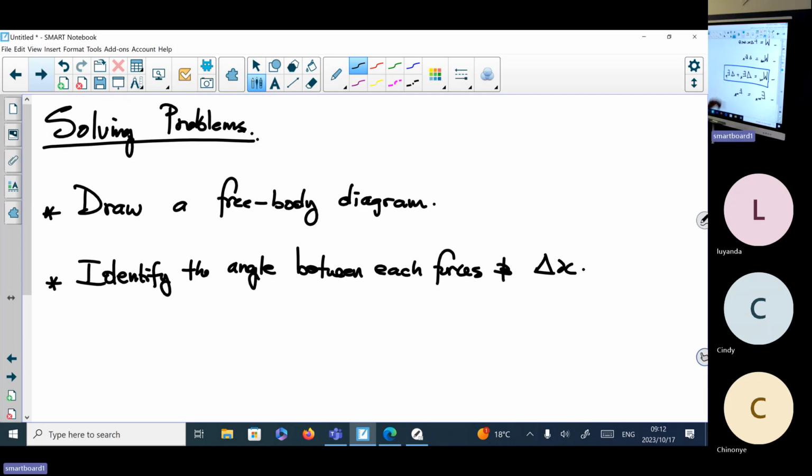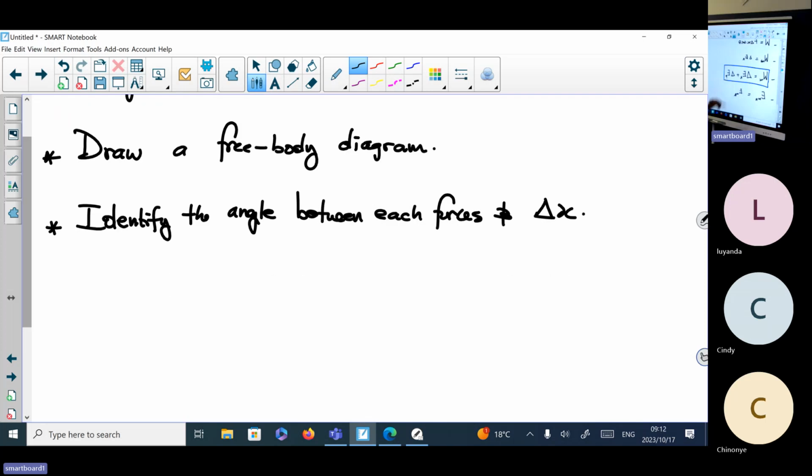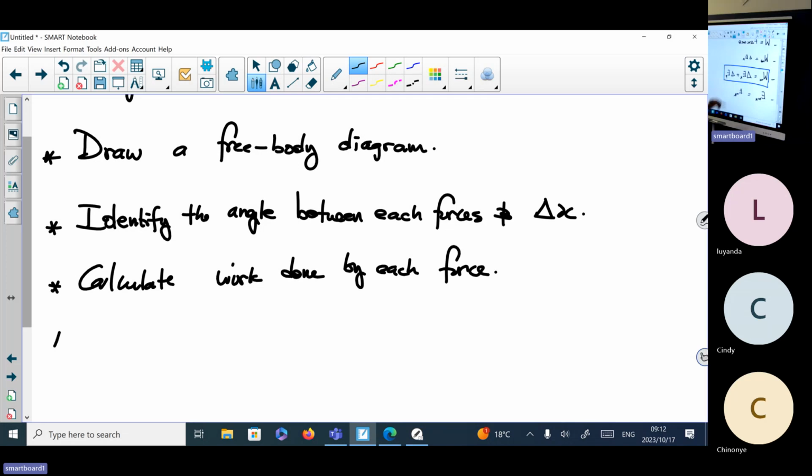And this is what we need to look at. And then next, once we've done that, we can calculate the work done by each force. But most importantly, remember what we said to you yesterday.